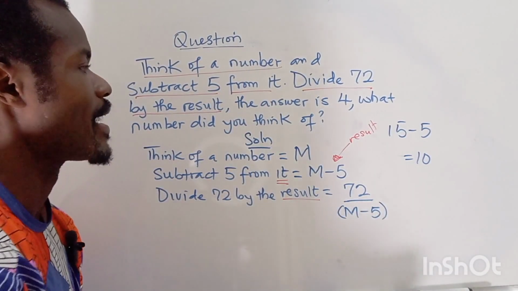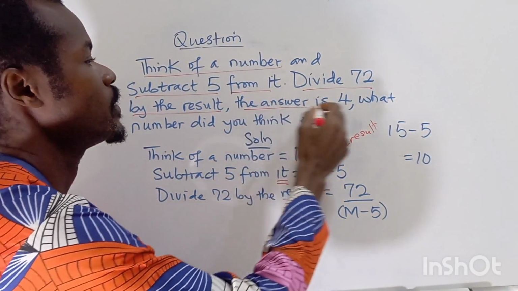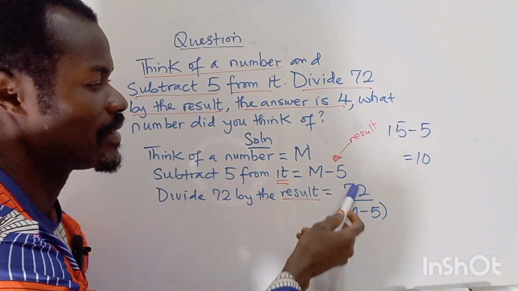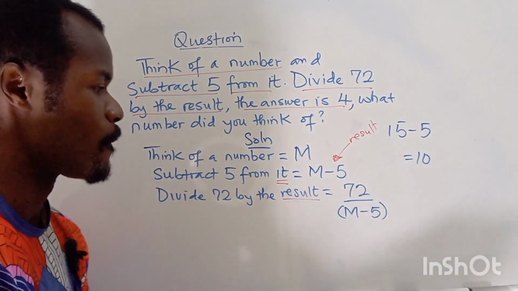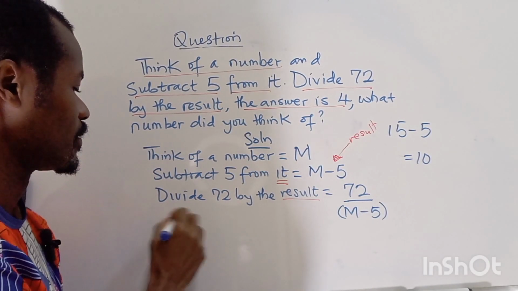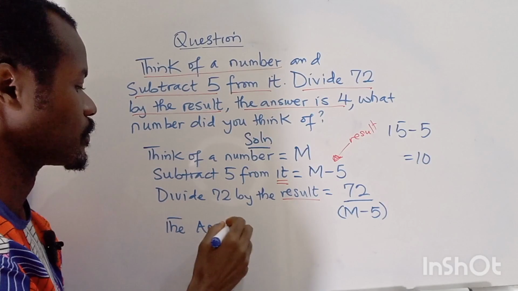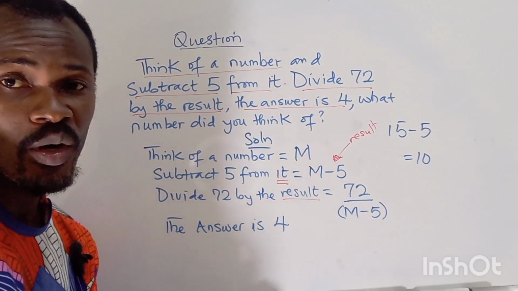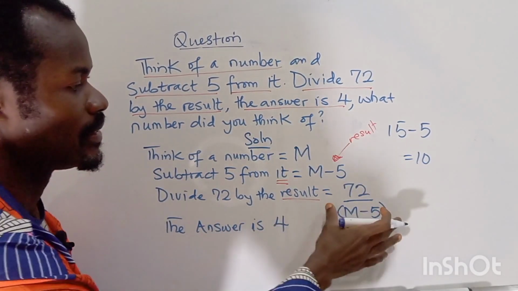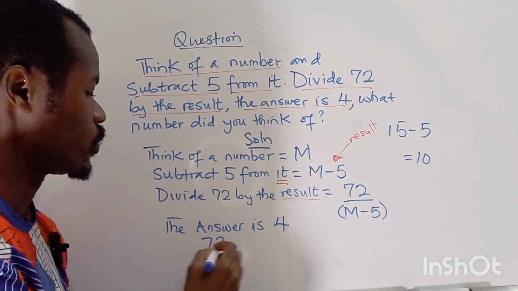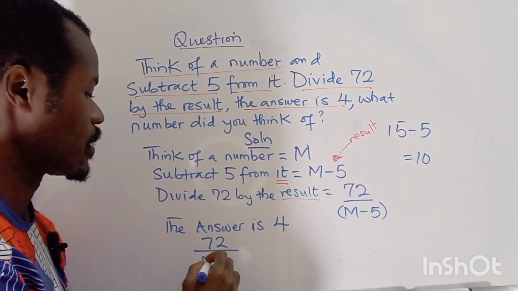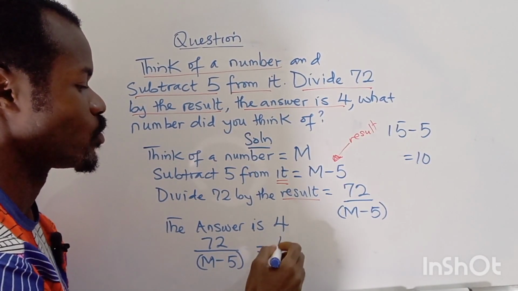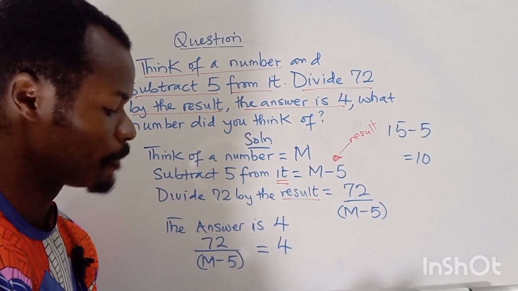And the answer is 4. So the idea is when we divide this and this, it gives us 4. So what this means is, if we divide 72 by N minus 5, it gives us this answer, which equals 4.